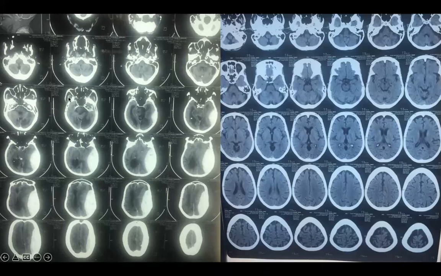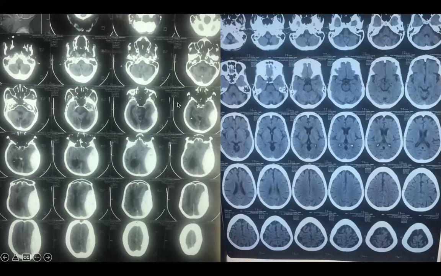Of significance also is that you can see a hypodensity here. This patient had had a PCA infarct prior, which will complicate his recovery later. You can see this patient with all this atrophy, and he started getting a bit of hydrocephalus because of the subfalcine herniation. This is the type of patient you want to take to theater immediately. Not 4 hours later, not 6 hours later, but as soon as you can get a theater.